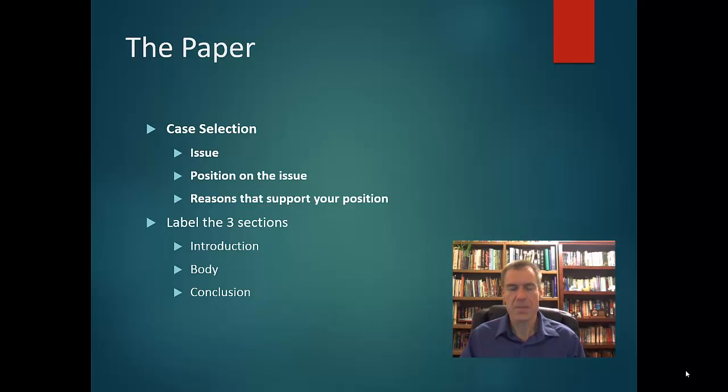Now, once you get your case and picked out your issue, the next thing to do is come up with your position on the issue. And that's where you take your stance. For example, if we go with, but is it art, or not, you would say, yes, it's art, or no, it's not. Or the example of censorship, you would say, yes, the government should censor violent video games, or no, they should not.